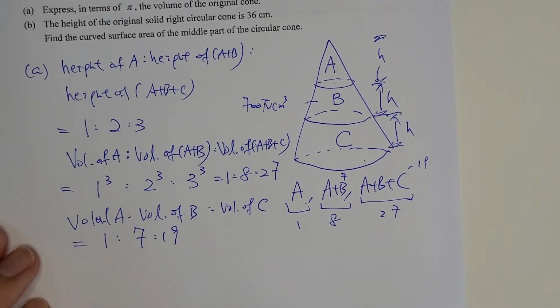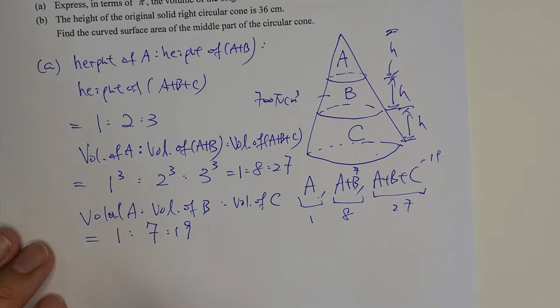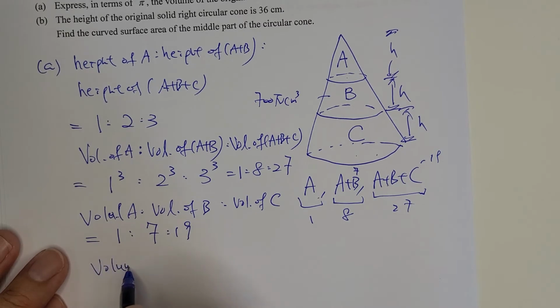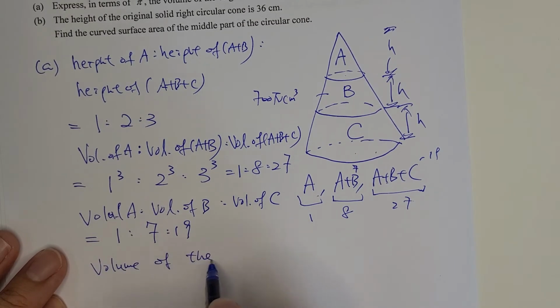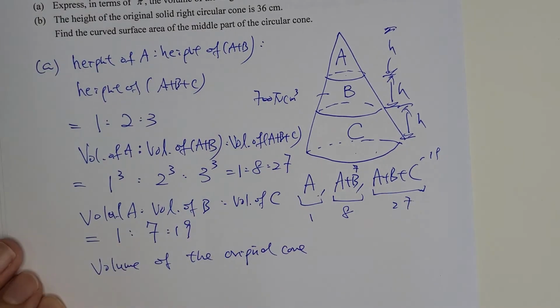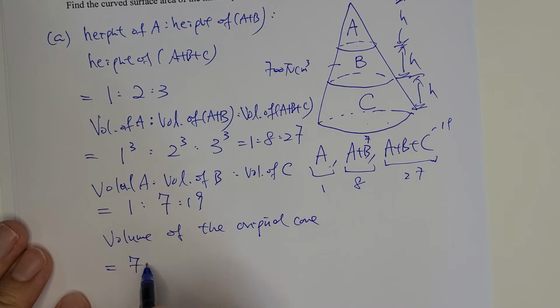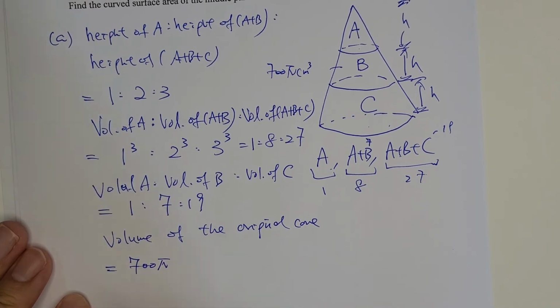And now I want to find the whole cone volume. So volume of the original cone is 700 pi, that is the volume of B divided by 7 parts, because it occupies 7 parts, right?